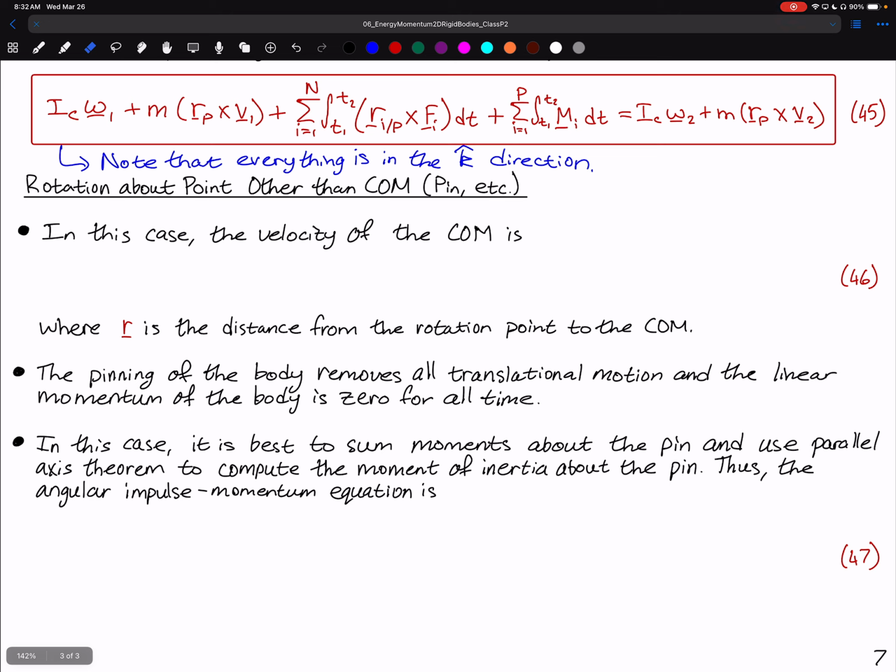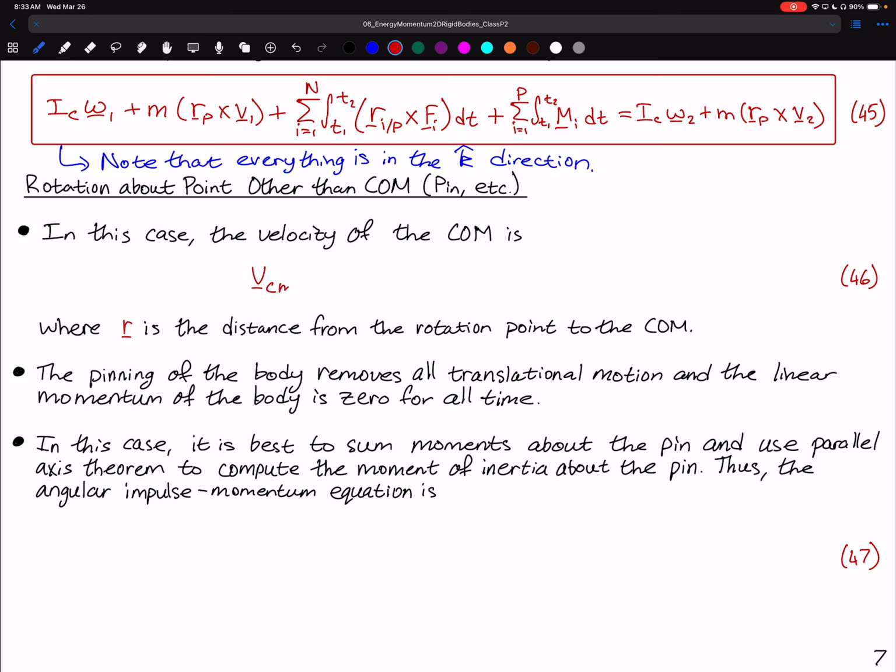So the last one we're going to look at is rotation about some other point than the center of mass. So when the system is specifically pinned, for example, or some other mechanism forces it to rotate only about a single point for all time, we can express the velocity of the center of mass.